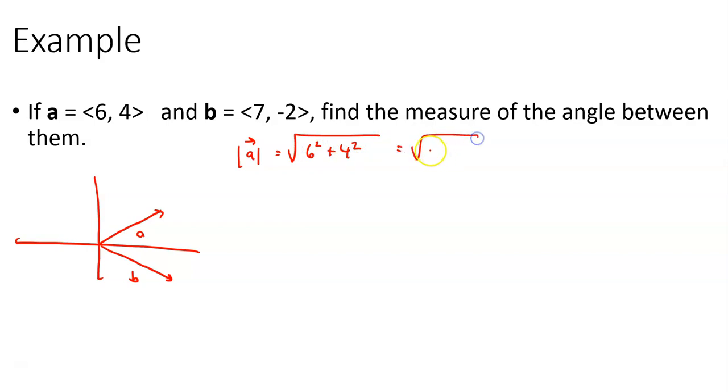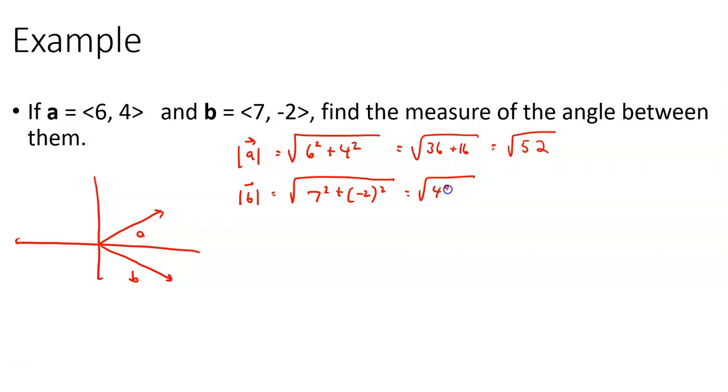So 6 squared is 36. 4 squared is 16. So add them together, I get 52. I'm not going to bother simplifying it because in a couple of minutes it's going to go into a calculator anyway. Magnitude of B, square root of 7 squared plus negative 2 squared. So I get the square root of 49 plus 4, square root of 53.